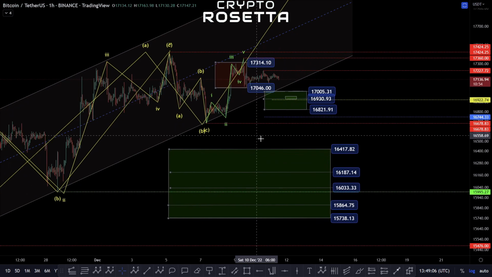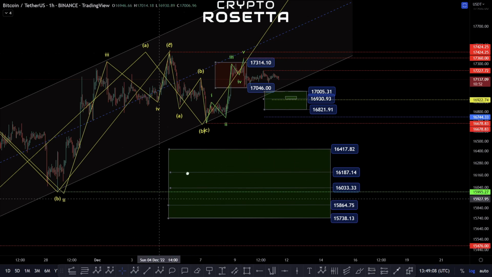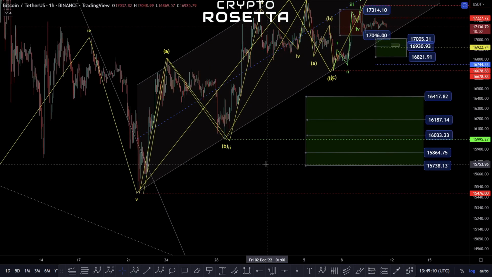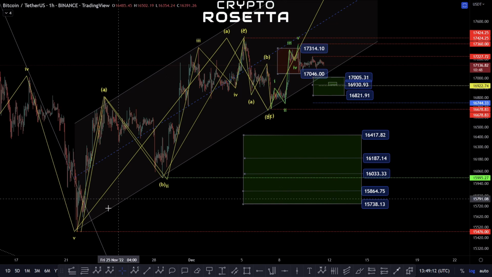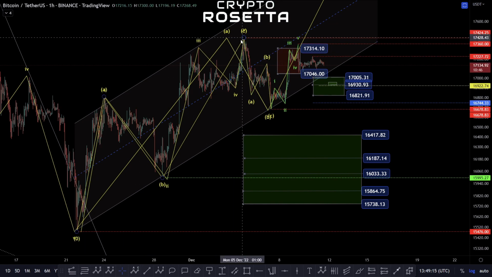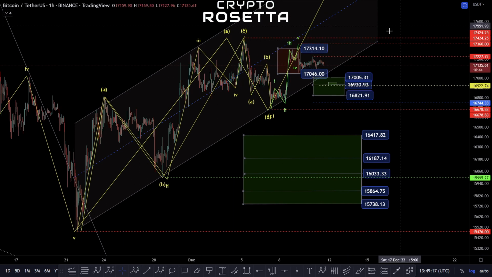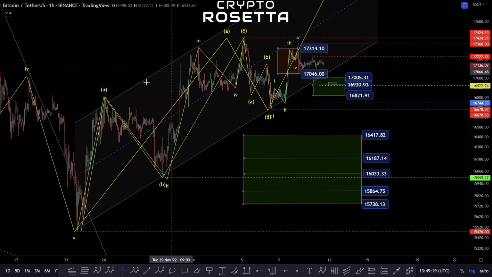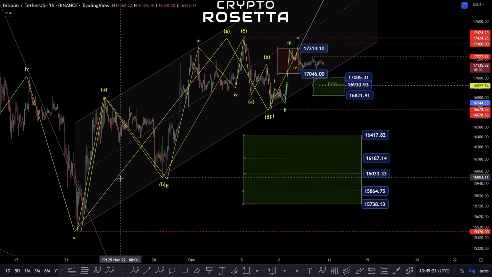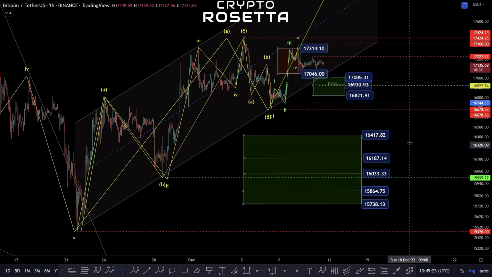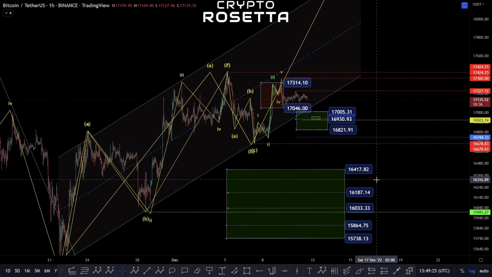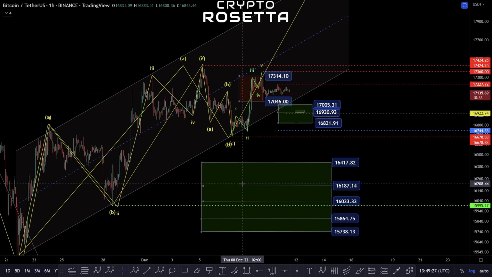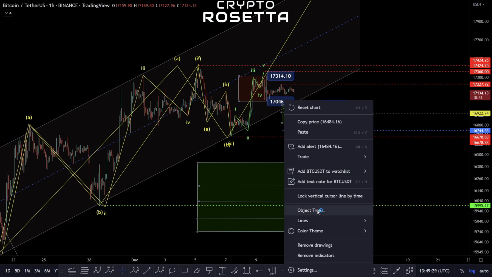If we fail to hold them, whether we find support above this. If we lose this 15,476 area, then it would be safe to say that we either have some kind of an expanding flat from this zone here, or we could be completed and we're looking to break down in another, bigger 5-wave move. So basically that's what we're looking at with that.